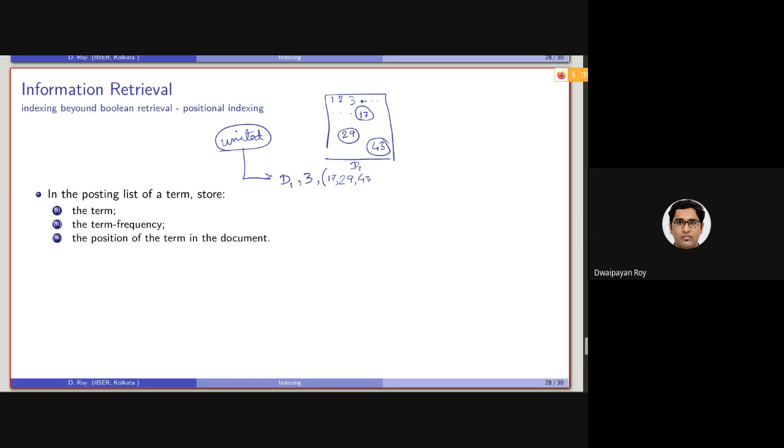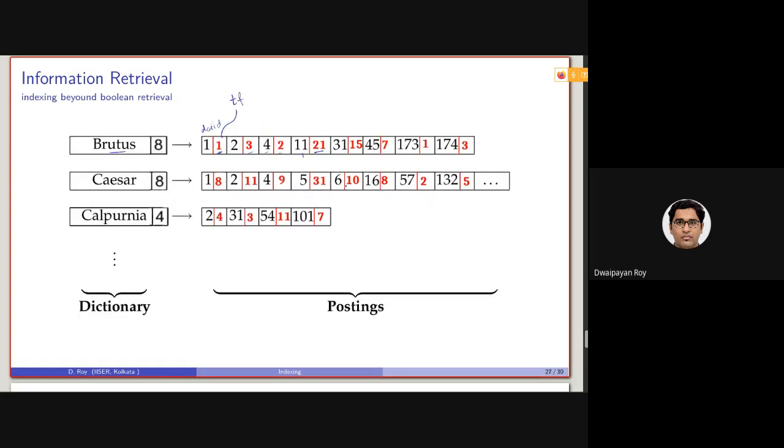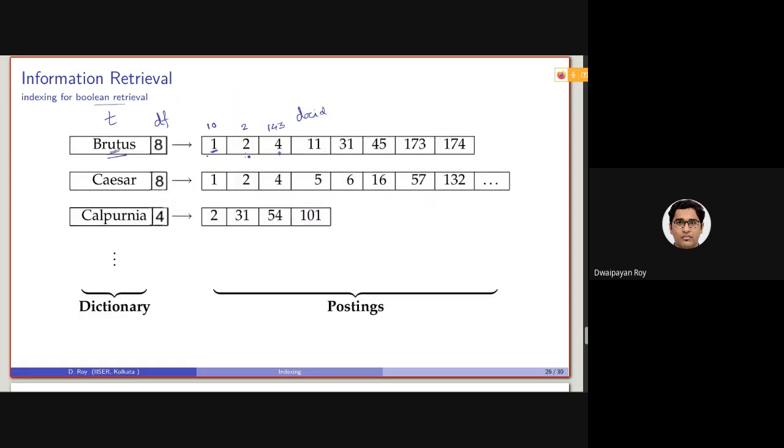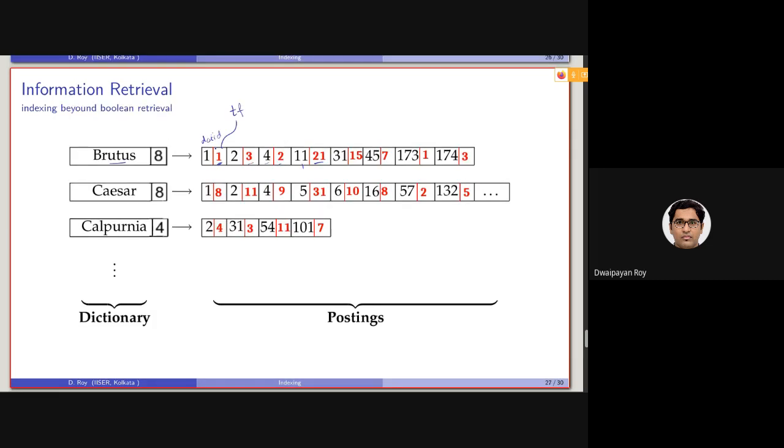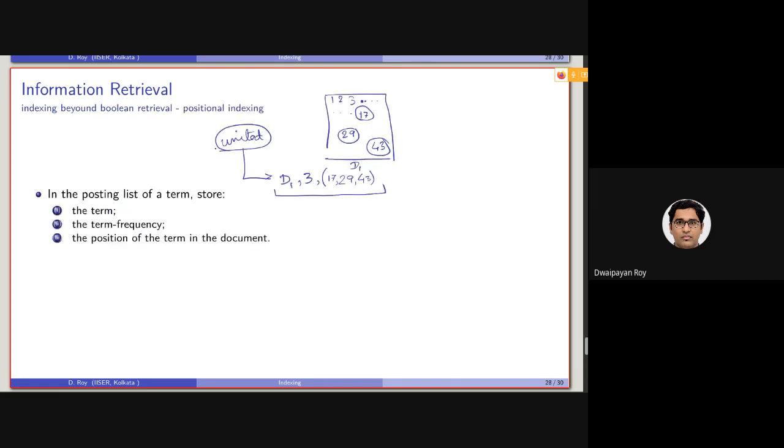Note that in the third field, so there are 3 fields now. Earlier we started with only one field, only the doc ID. Then we incorporated another field, which is the term frequency of that term in that doc ID. Now we can also store the places at which they are occurring in this document, starting with an offset of 0, say.